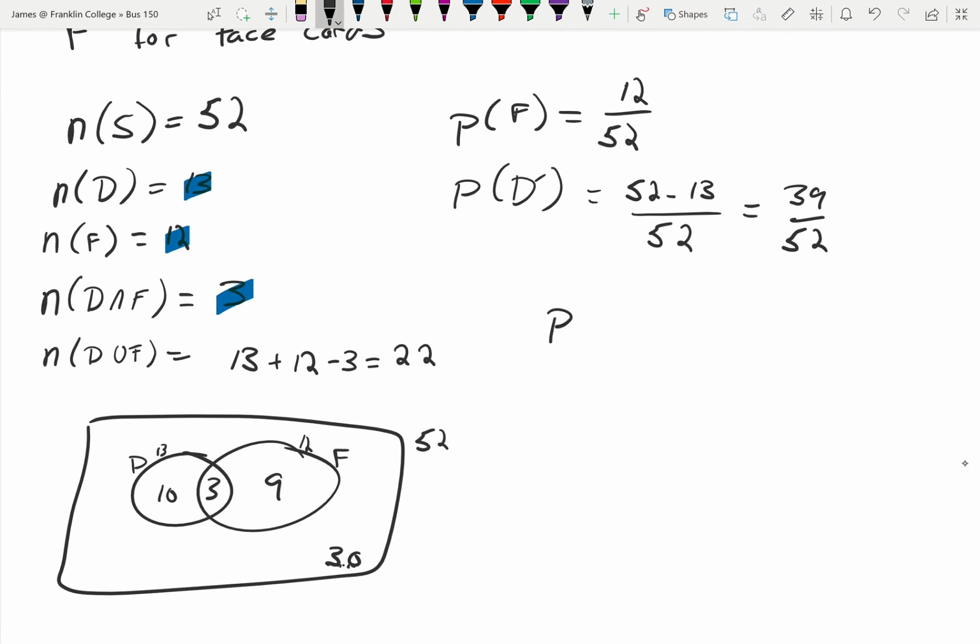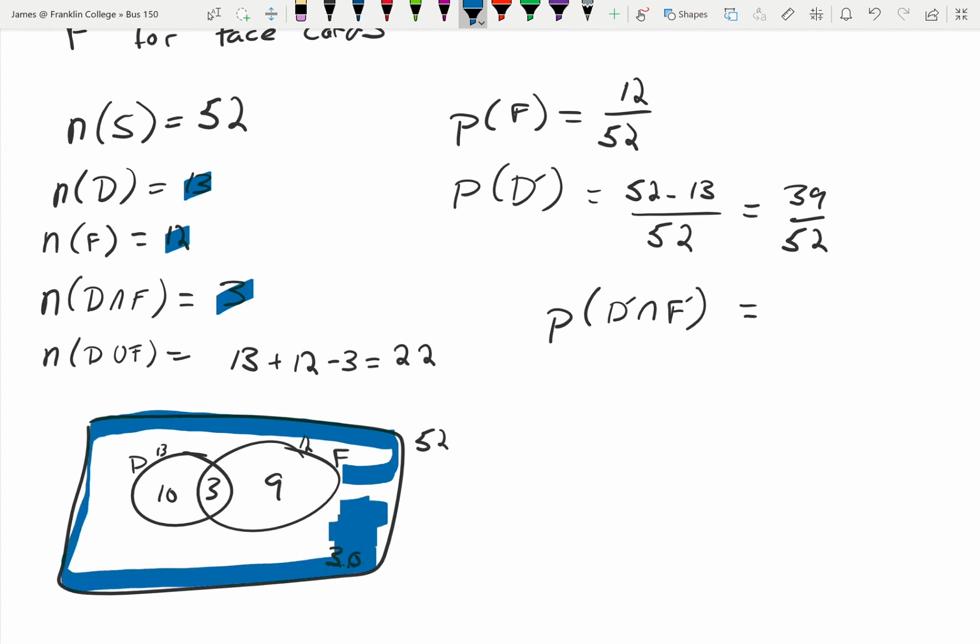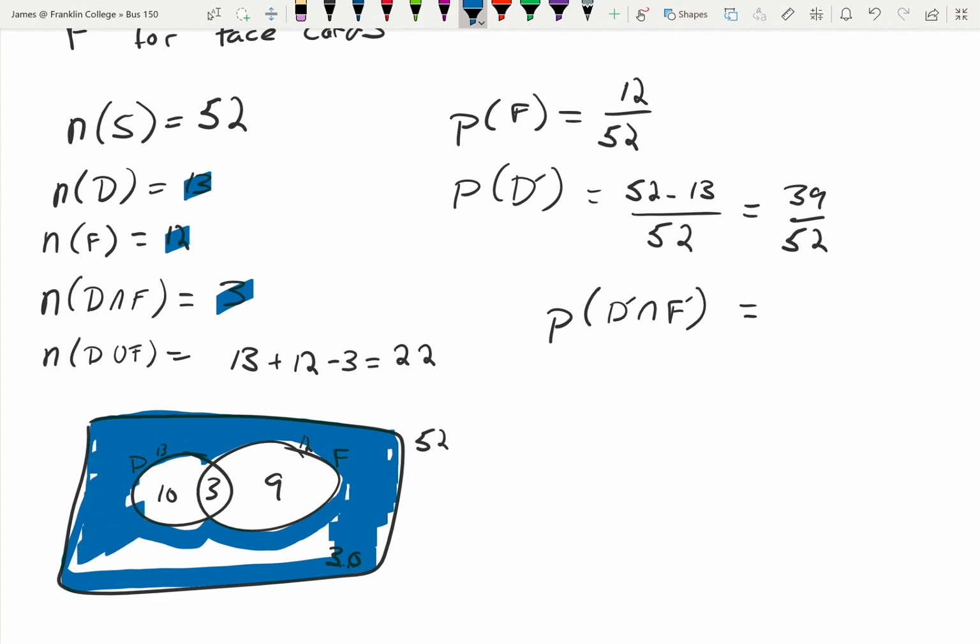Alright, one last example. If we were to figure out the probability of D complement intersect F complement, remember, D complement intersect F complement is going to be all of the area that's not D or F. So all the not union.